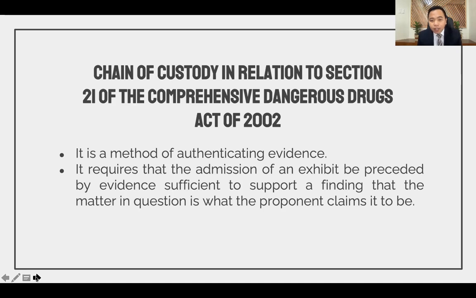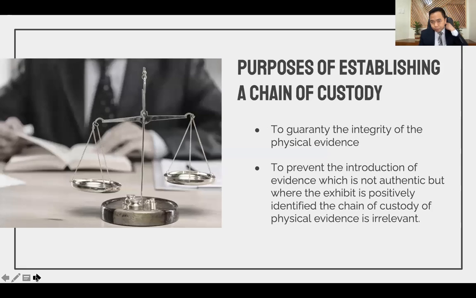So without authentication or for failure of authentication, the accused will be entitled to an acquittal. Now, it requires that the admission of an exhibit be preceded by evidence sufficient to support a finding that the matter in question is what the proponent claims it to be.